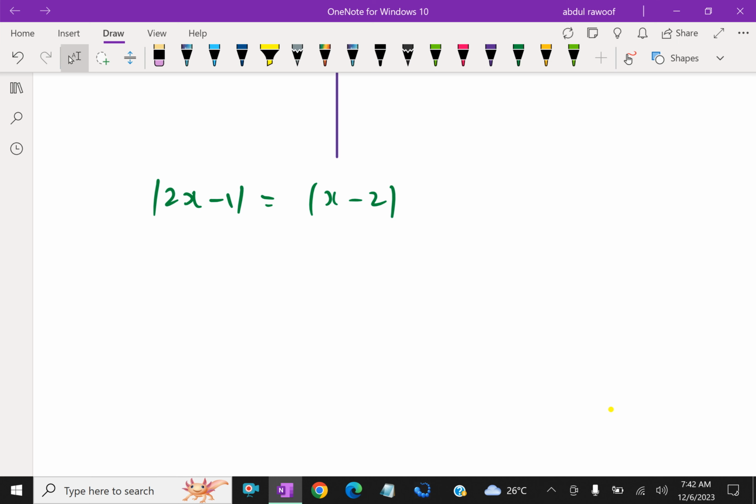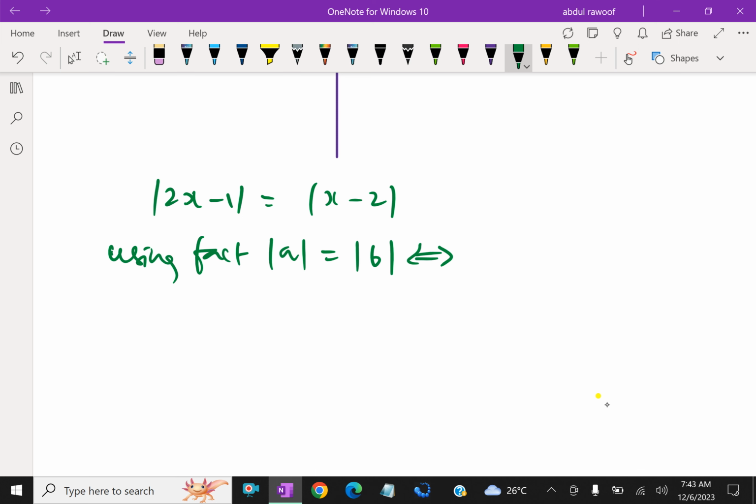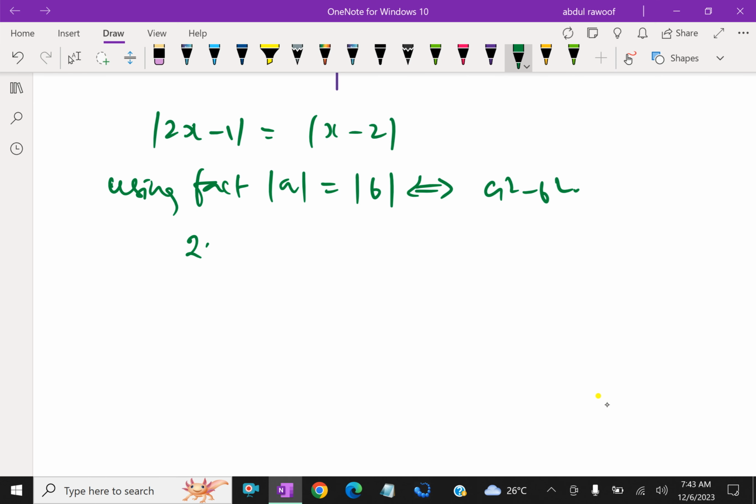One method of solving is using the fact that absolute value of a equal to absolute value of b gives a squared equal to b squared. Regarding that, squaring both sides, 2x minus 1 squared equal to x minus 2 squared.